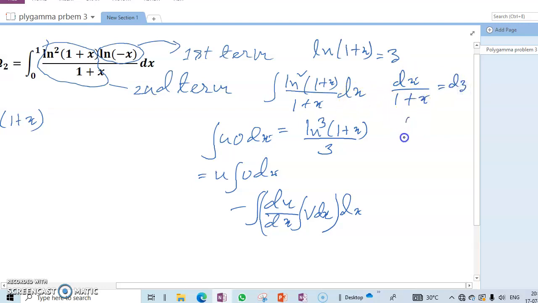So the integral of z square dz equals z cube divided by 3.